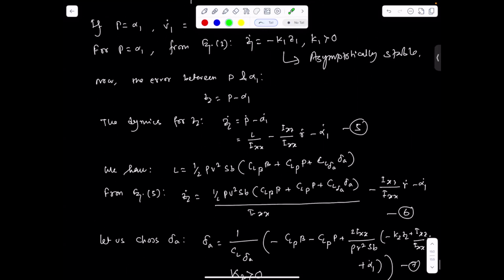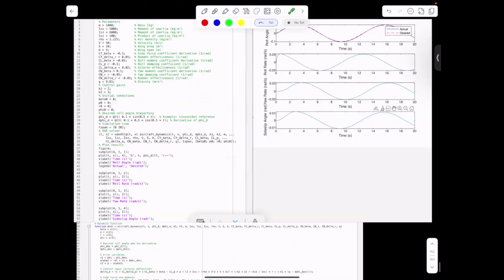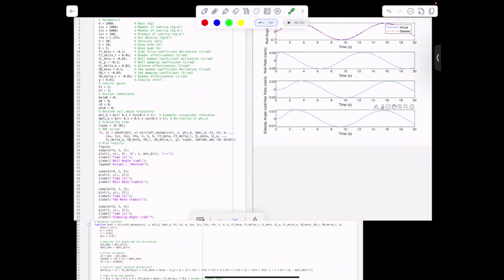So now we can go to the MATLAB part here. I'll go step by step. We have initialized the total mass 1000 kg, and these are the inertia parameters. This is the rho in the dynamics, basically the density. V we have assumed 50 meter per second, wing area is 20, and wingspan 5 meter.